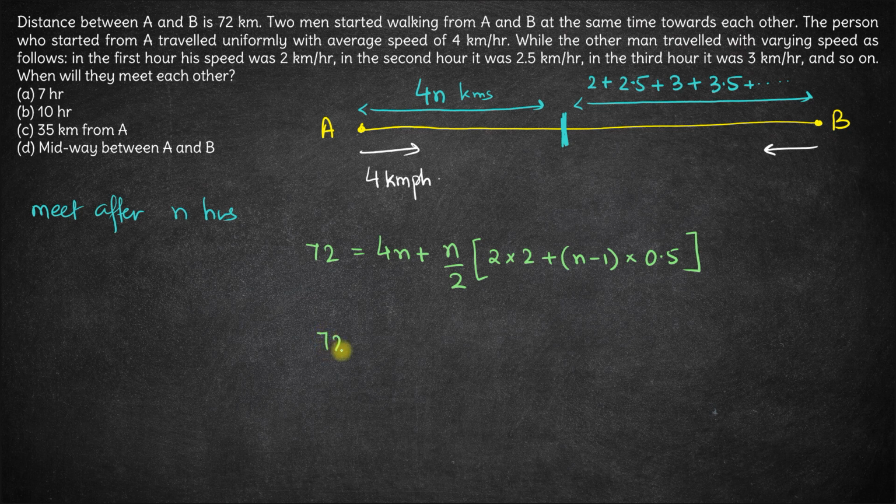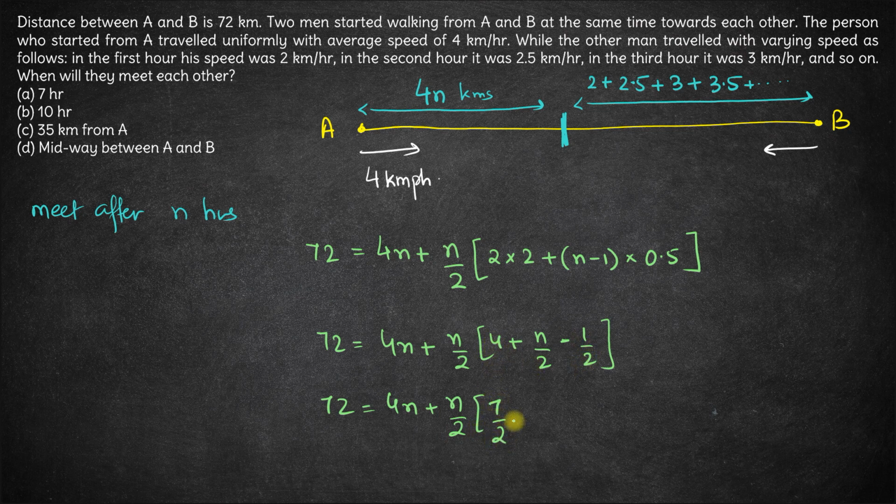So we have 72 is equal to 4n plus n by 2 into, we have 4 plus n into 0.5 is effectively n by 2, minus 1 into 0.5 is minus 1 by 2. So this gives us 72 is equal to 4n plus n by 2 into 4 minus half is 8 minus 1, 7 by 2 plus n by 2.